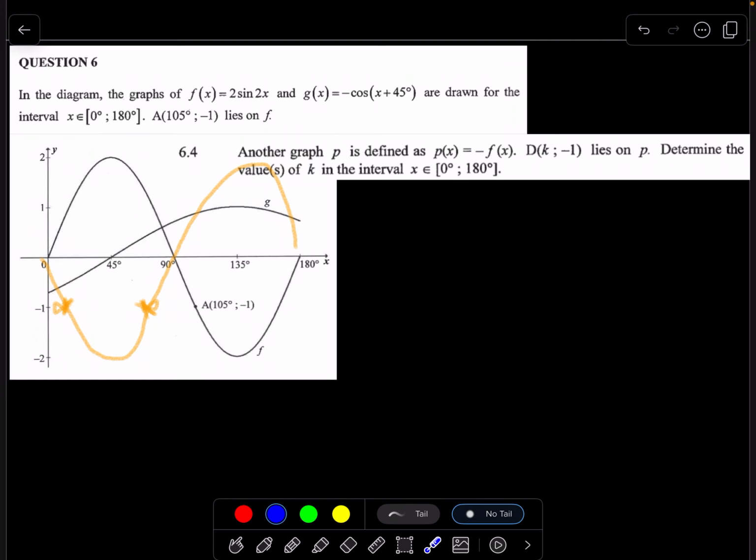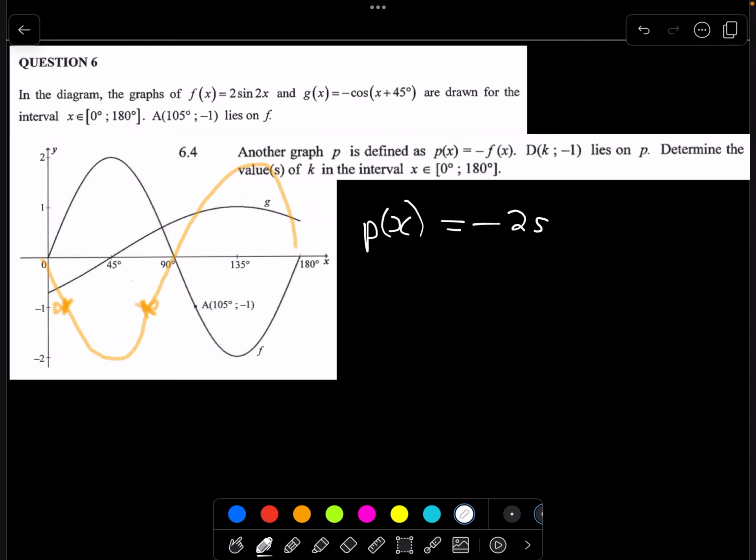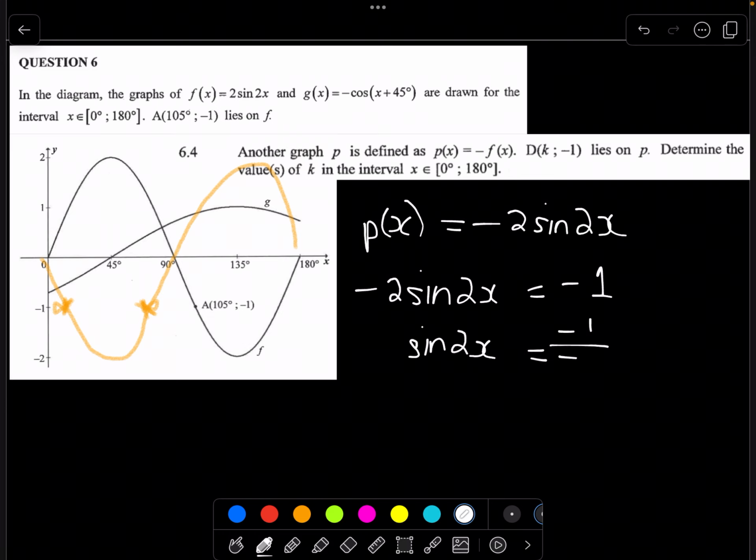Anyway, let's see. So we know that p of x is equal to minus 2 sine 2x, right? And we are looking for the places where minus 2 sine 2x is equal to minus 1, or sine 2x is equal to minus 1 over minus 2, which is a half.